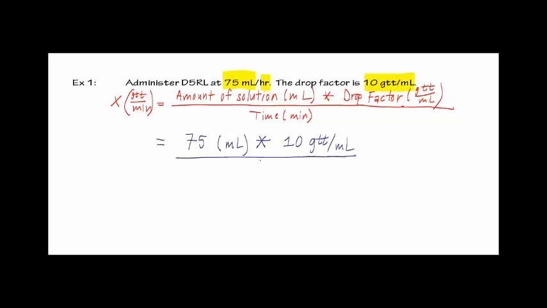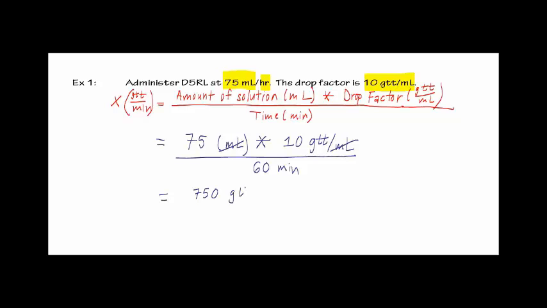From here, we see that this milliliter is in the numerator and this milliliter is in the denominator, so these two divide into each other. Multiplying 75 times 10, we're left with 750 drops, still divided by 60 minutes.